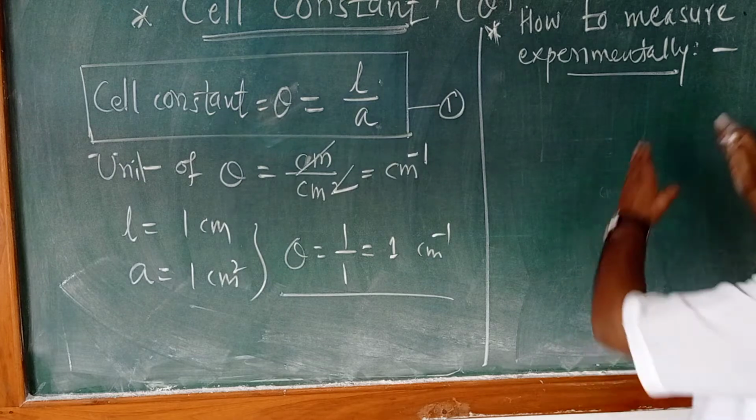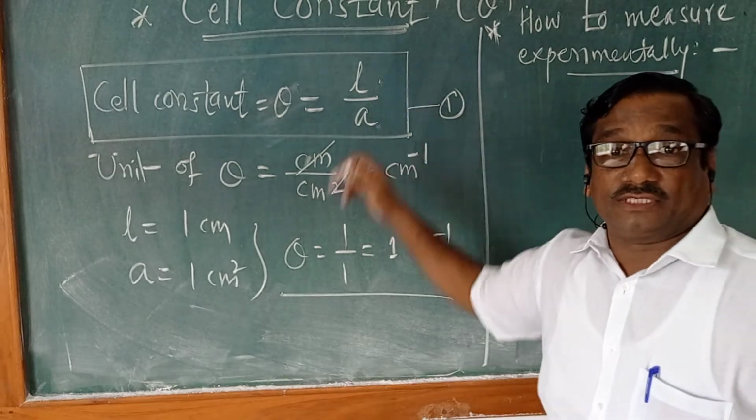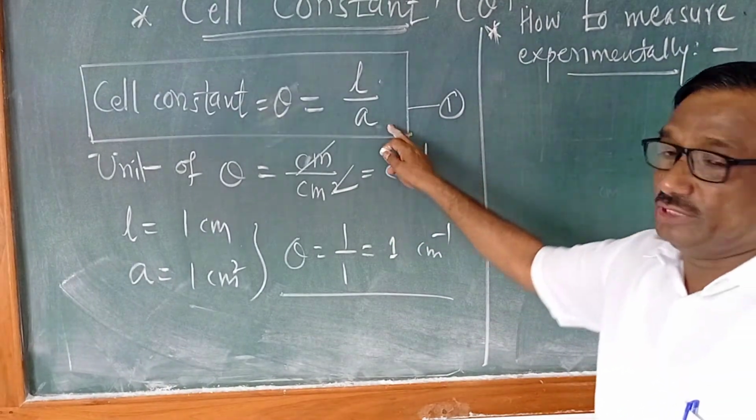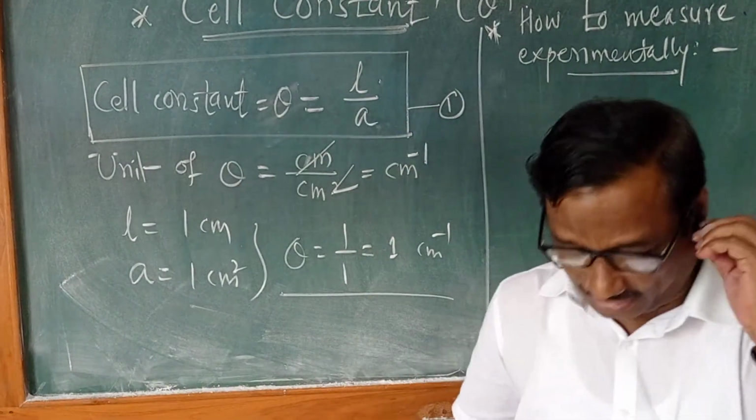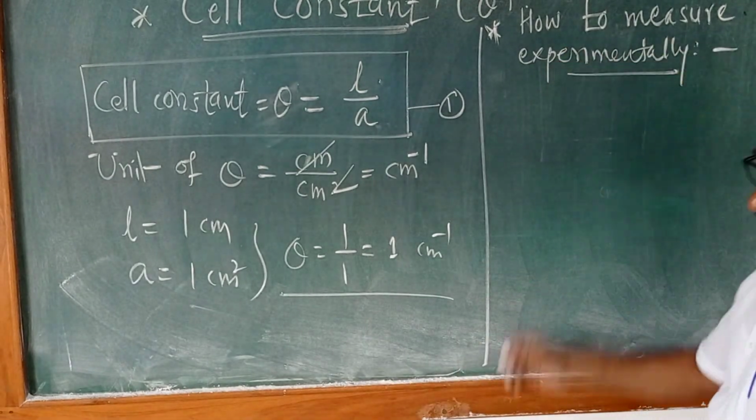In the cell constant, we are not able to measure the length in centimeter, and we are not going to measure the cross-sectional area in centimeter square. But how to measure the cell constant practically?